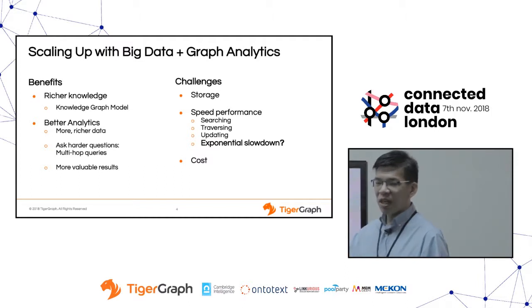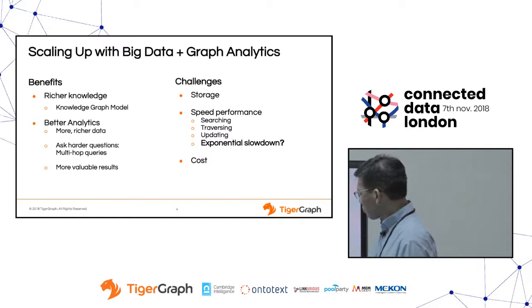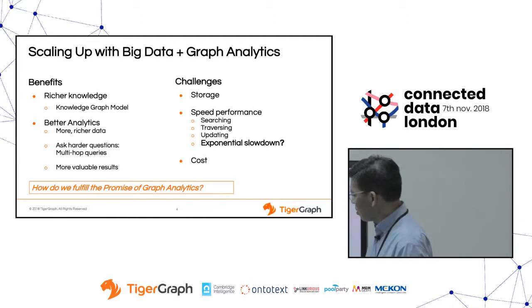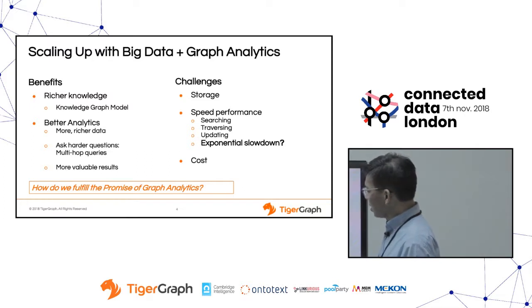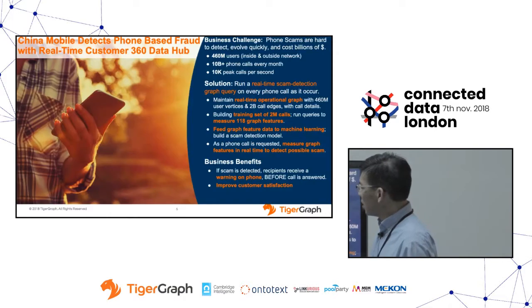One of the dangers is exponential slowdown. As you are doing tasks that are exponentially more difficult, is your product similarly slowing down? And finally, is it cost effective? Because we're trying to get value. So to summarize, how do you fulfill the promise of graph analytics? It's a wonderful idea, and if you do it right, it will really reap benefits.